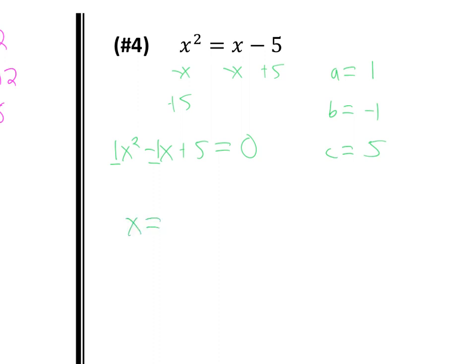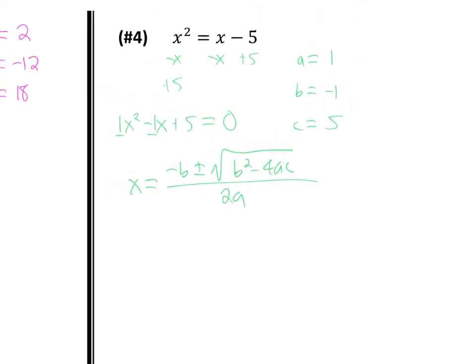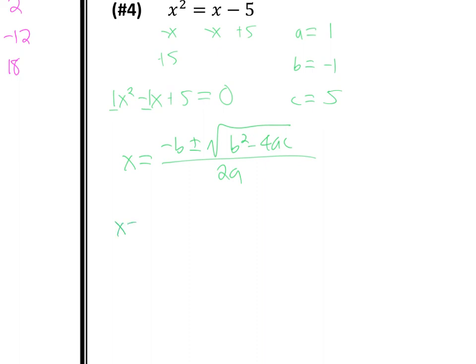We have x equals negative b plus or minus the square root of b squared minus 4ac all over 2a. Let's plug it in now. X equals opposite of b.